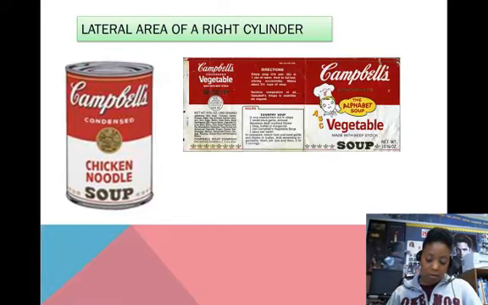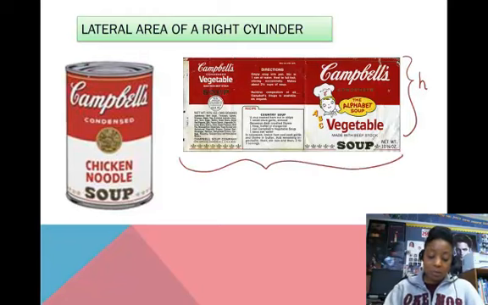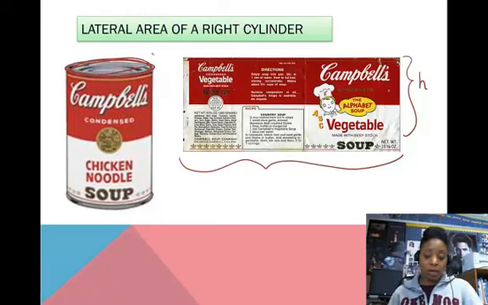We would use the area of a rectangle, which is length times width. Well, this side here is nothing more than the height of the cylinder, or the height of the label. Now what's this? Well, we just took the distance around, which is also known as the circumference, and we split it and spread it out. So this is 2 pi r.